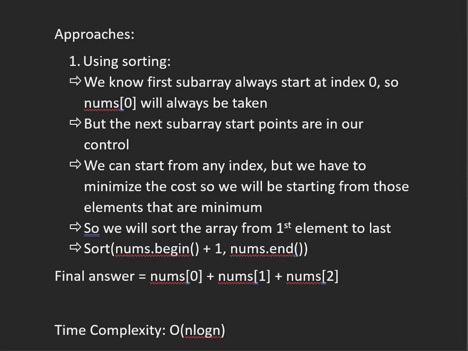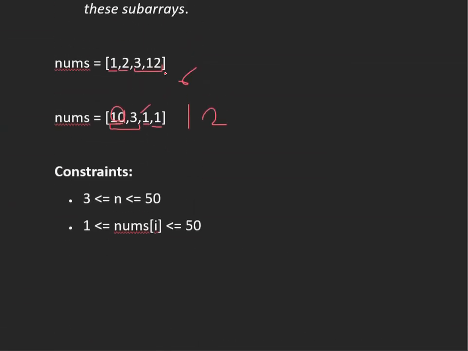Our first approach: if you have seen in this example, our array was 10 3 1 1. We have taken the first element, and that's mandatory. We can't skip the first element because the first subarray always starts from the first element.